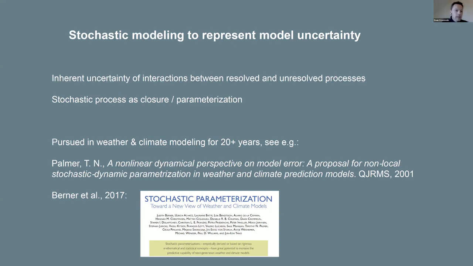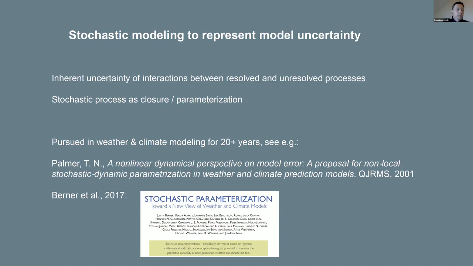The weather and climate modeling community, or part of that community, has pursued this for quite some time. In fact, Tim Palmer was one of the earliest to propose this and has pushed for it for a long time. Here's a very early paper of his on this topic, and this overview paper from Werner et al. is more recent and gives an overview of various ideas from a couple of years ago.